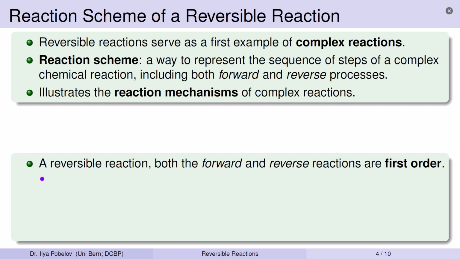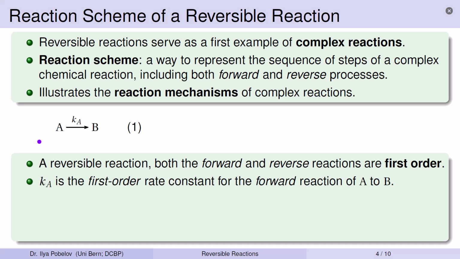Let's consider a specific example of a reversible reaction where both the forward and reverse reactions are first order. It will also illustrate the usage of reaction schemes. The reaction scheme of this reversible reaction can be represented by the following set of chemical equations.